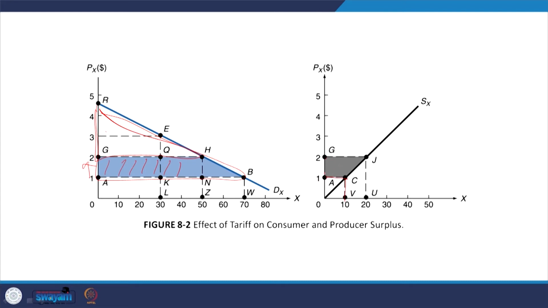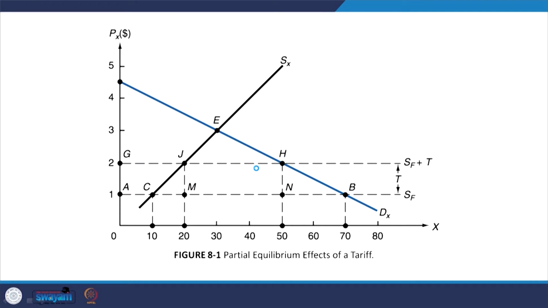Now, at the new price 2, revenue is increased. So, net gain in revenue is, I mean, these are actually the cost of production. So, the highlighted area is called net revenue to the producer, the producer surplus, PS. This is the gain of positive PS and CS which is negative. Okay. So, this is clearly identified with the diagram.